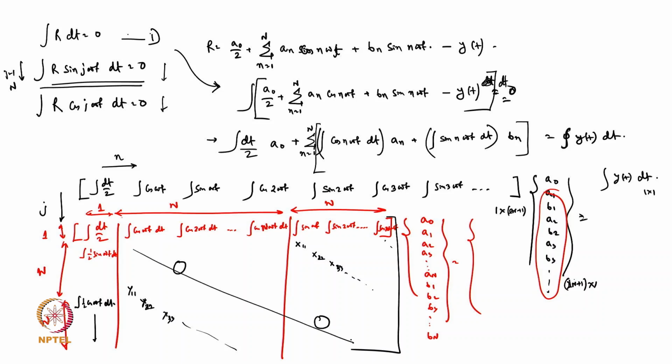If you do first the cos and then sine, you will have a complete diagonal matrix in this portion, and then one row and one column is populated, and other is like a full diagonal matrix with this thing here, and here you will have a populated matrix.